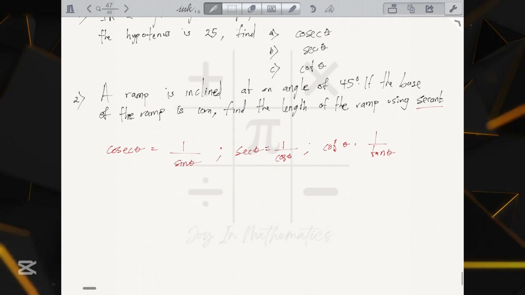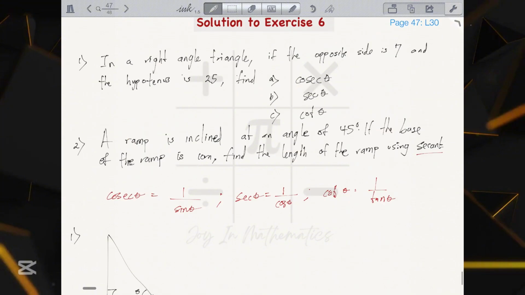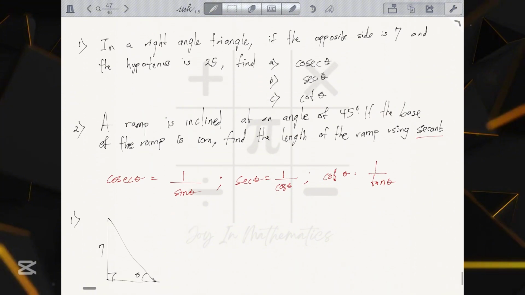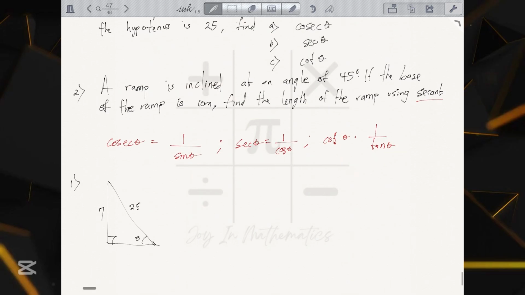In a right angle triangle, question 1. So let's draw the right angle triangle out. We're given angle theta, the opposite side is 7, the hypotenuse is 25. We are expected to find cosec theta, sec theta, and cot theta. No, we don't have the adjacent.